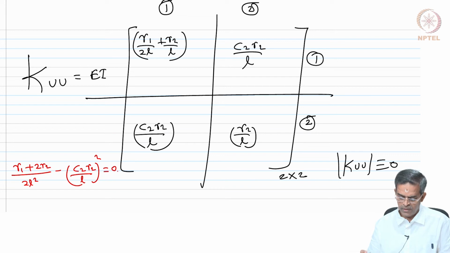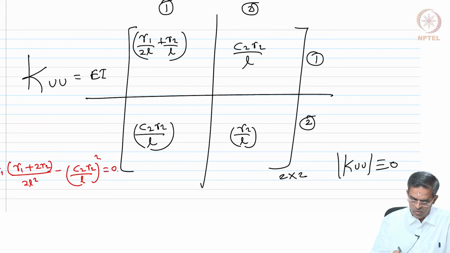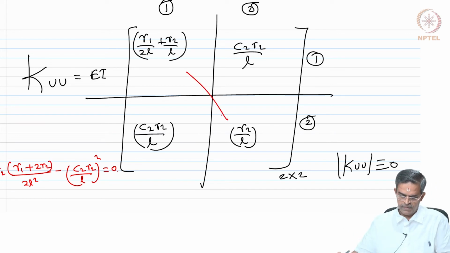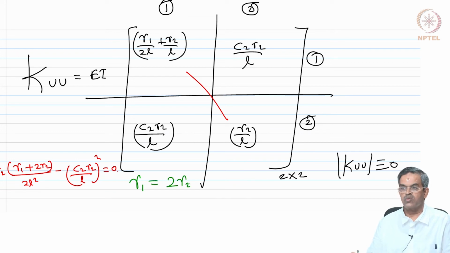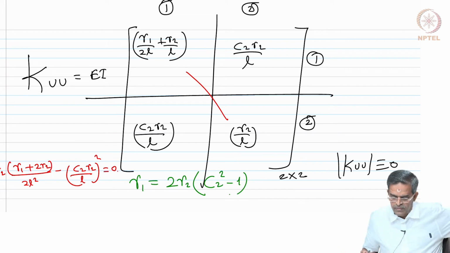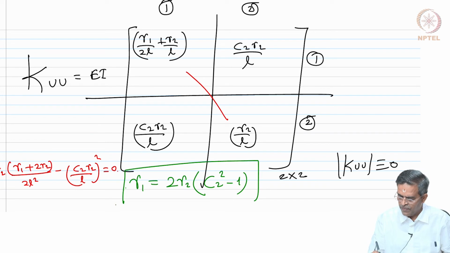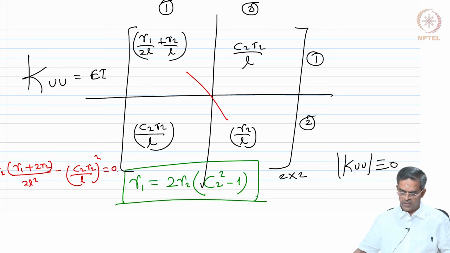So, this gives me the expression (R1 plus 2 R2) by 2L square into R2, because we have to take the product. Minus this, set to 0, which gives me the characteristic equation as R1 equals 2 R2 times (C2 square minus 1). This is what we call my characteristic equation.